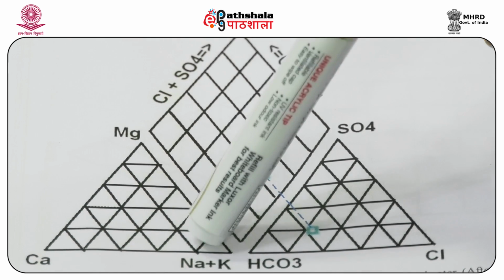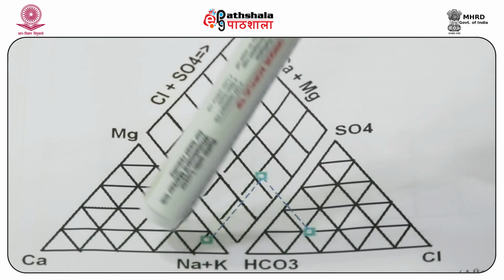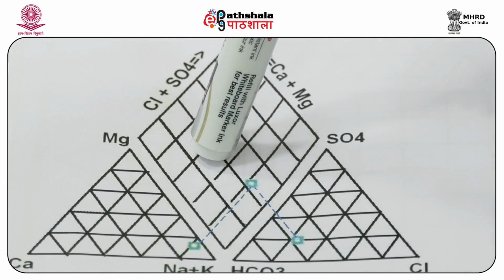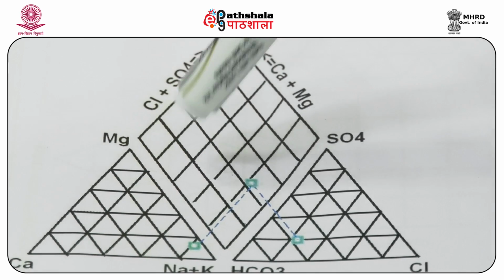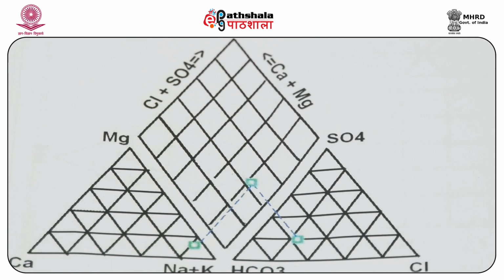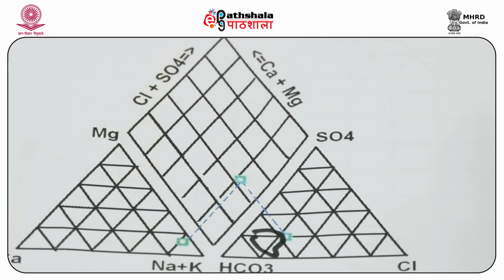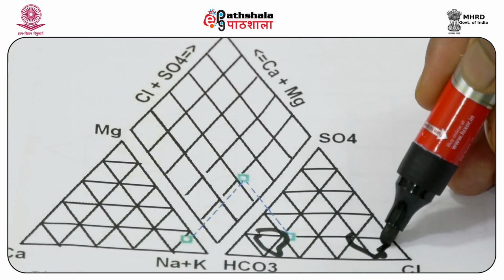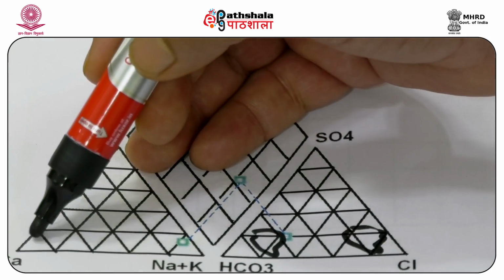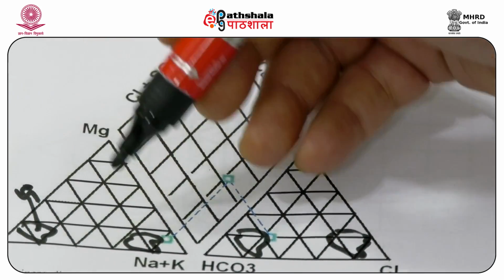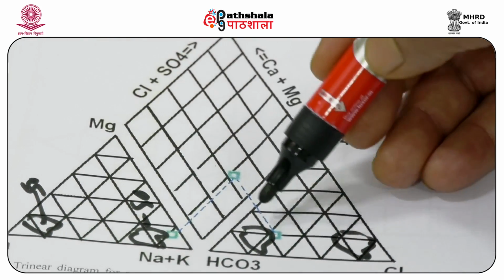What is the advantage? You can plot 100 samples here on the cation, 100 on the anion, 100 in the diamond. What will that give you? Let's say you have one cluster of plots at the bicarbonate, one cluster at the chloride, and similarly, this is for the first 50 samples, this is for the next 50.